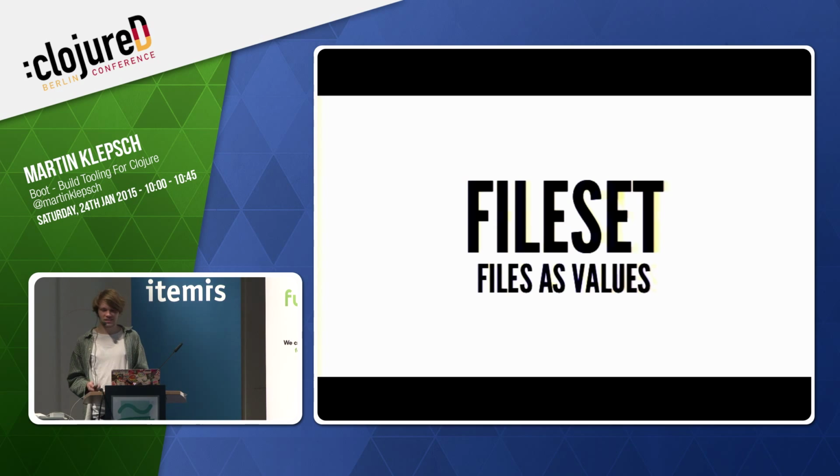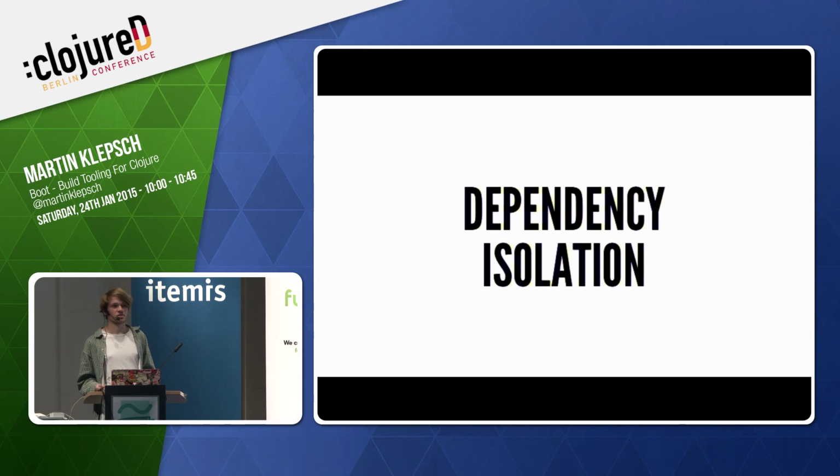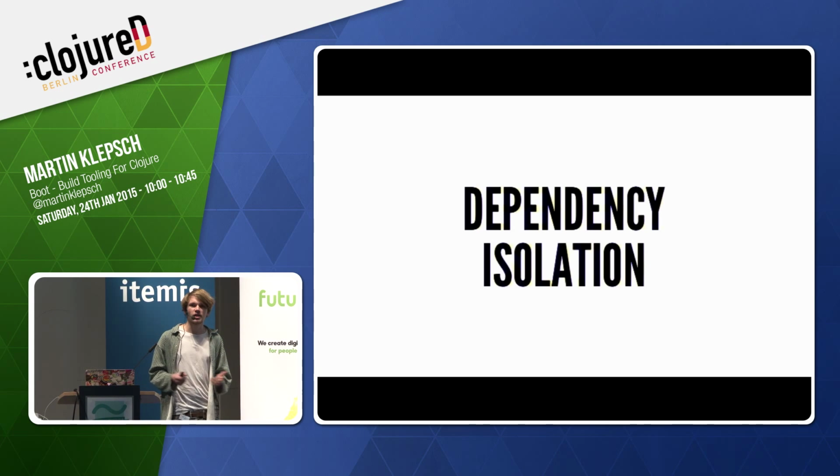And so with this kind of composition, obviously all of the things need to run in one process, and then we run into a whole other problem, which is dependency isolation. So if we have two tasks, and one task requires version 1 of a certain dependency, and the other one requires version 2 of that dependency, how do we make this work?